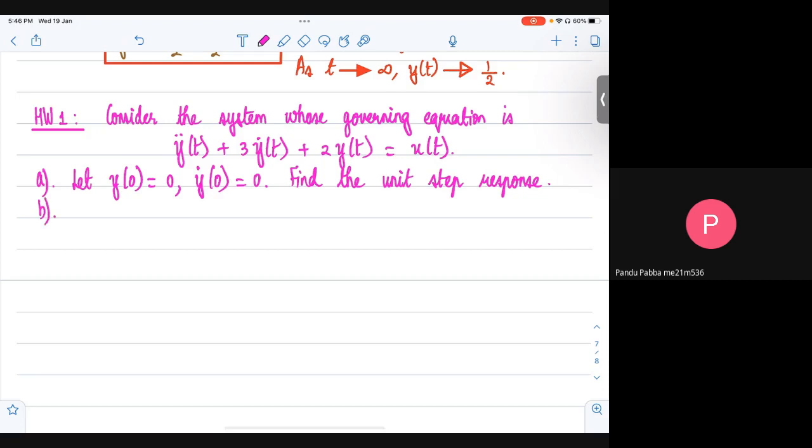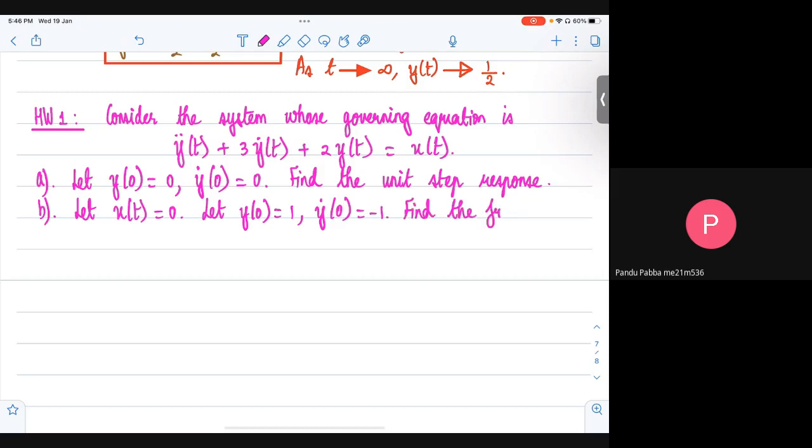And the second one is that now let u of t be equal to 0. Let y of 0 be equal to 1, y dot of 0 be equal to minus 1. Find the free response.